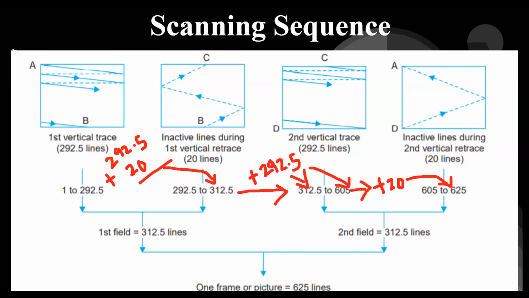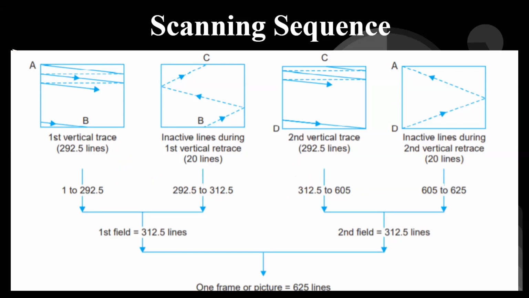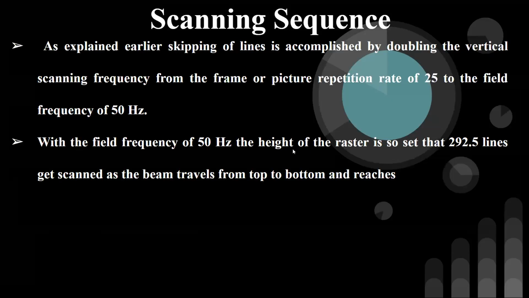So therefore your iterations are helpful. Your iterations are helpful to retrieve this information, to maintain this information for your knowledge of the sequence. That will be explained in the literature. So skipping lines are accomplished by doubling the vertical scan frequency from the frame rate, the picture resolution.